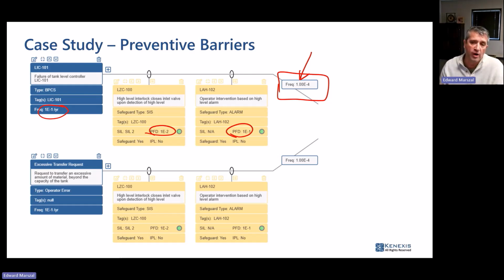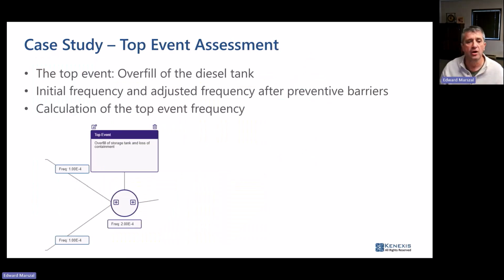Once we've quantified the frequency of the hazard occurring as a result of each individual cause, we add them together to get the frequency of the top event.